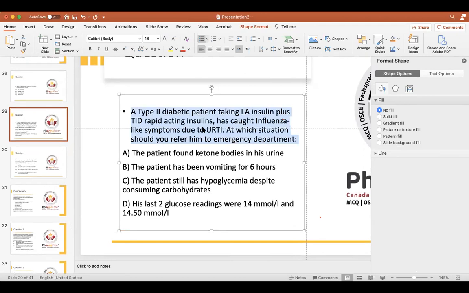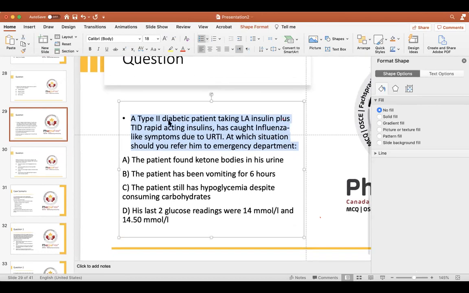Okay, good. Let's go. Okay, a type 2 diabetic patient taking long-acting insulin plus 3 times rapid-acting insulins has caught influenza-like symptoms due to upper respiratory tract infection.